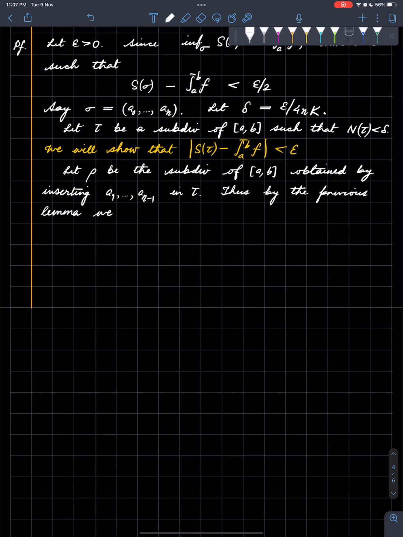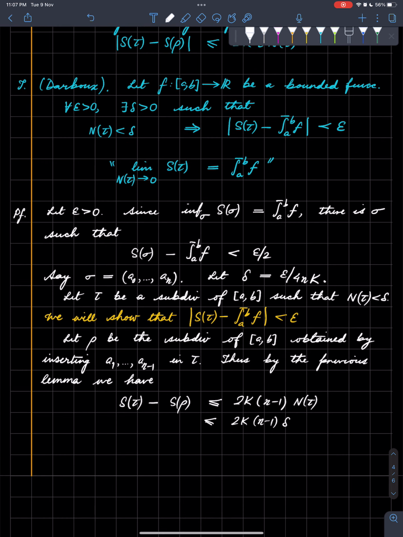we have S tau minus S rho is at most 2k n minus 1 norm of tau, which is at most 2k n minus 1 delta.